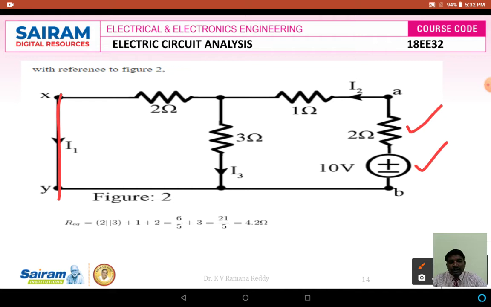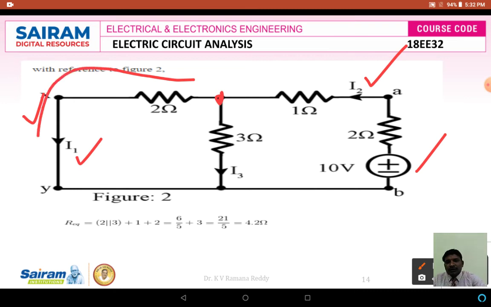Our ultimate aim is to find the current flowing in the XY terminals, which I call I1. Suppose I2 is the total current driven by this 10 volts source, and it is divided into two currents. One flowing in this branch is I1, and another flowing in this branch is I3. Our ultimate aim is to find I1.